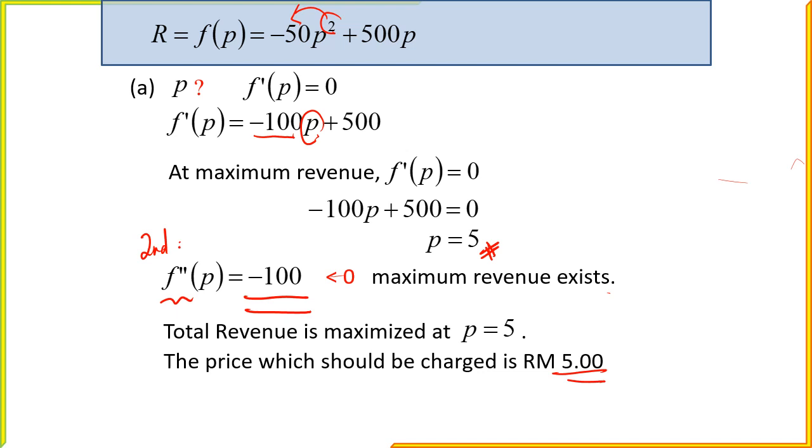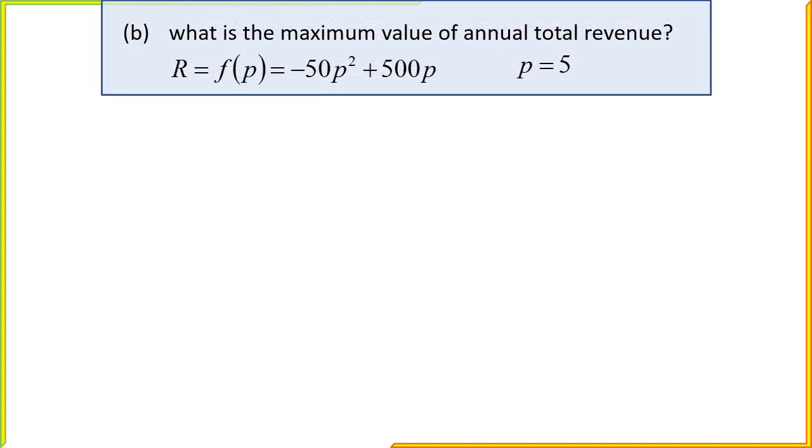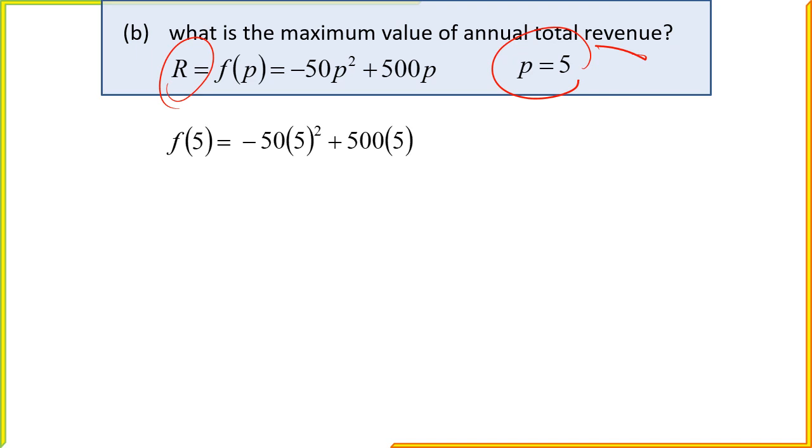Now, for question B, what is the maximum value of annual total revenue? Because we know that the revenue will be maximized at P = 5, we have to substitute P = 5 into the revenue function. So F(5) = -50 multiplied by 5² plus 500 multiplied by 5. What do we get here? We will have 1250.